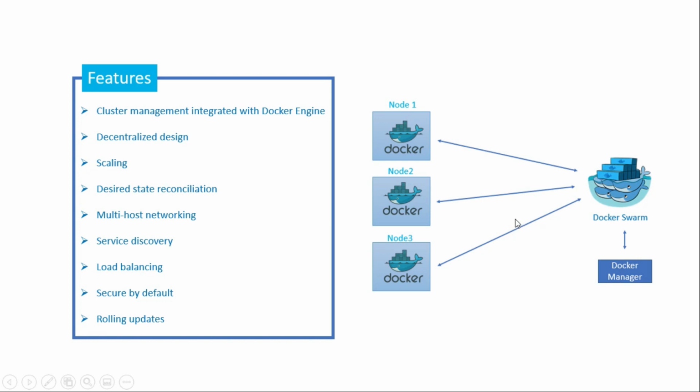Load balancing. You can expose the port for a service to an external load balancer. Internally, the swarm lets you specify how to distribute service containers between nodes. Secure by default. Each node in the swarm enforces TLS mutual authentication and encryption to secure communication between itself and all other nodes.